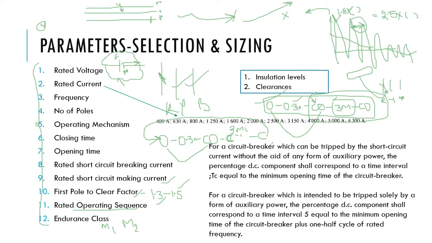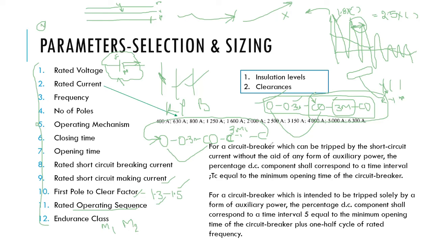So the DC component does not have much effect here. But if you see the technical specification of generator circuit breakers, they mention a specific DC component there, meaning the additional short circuit it is adding.